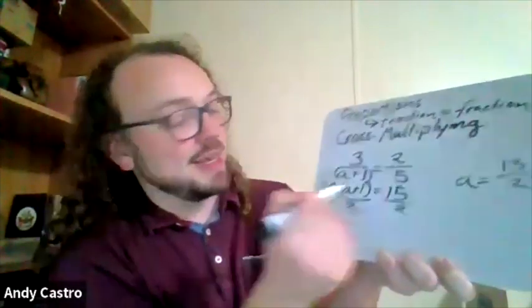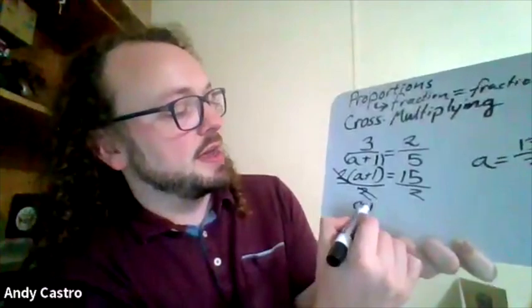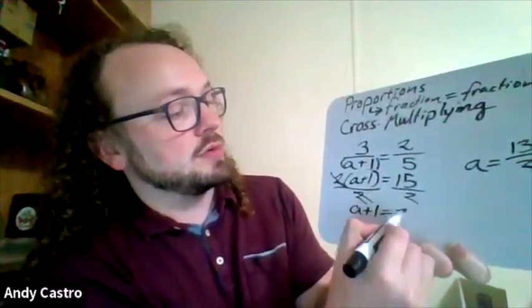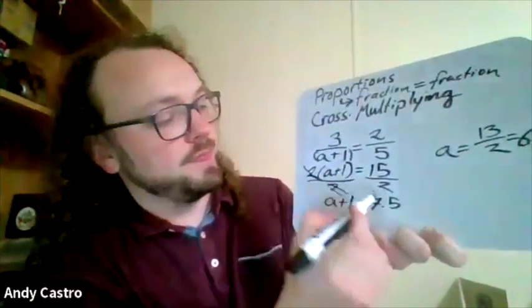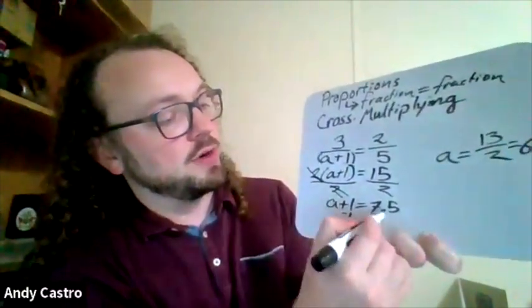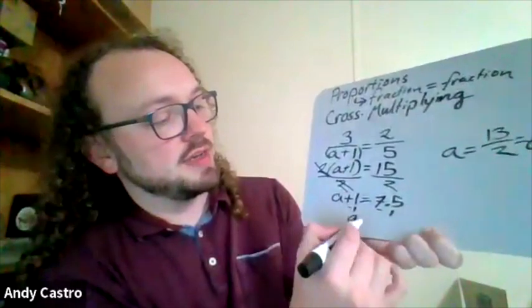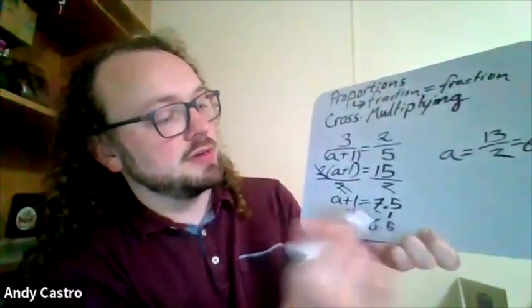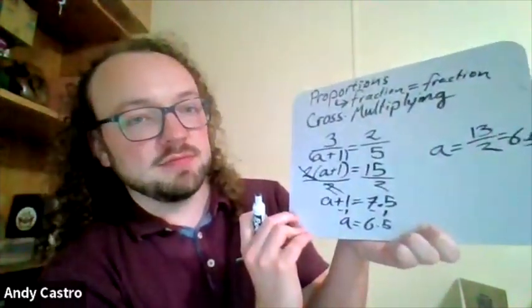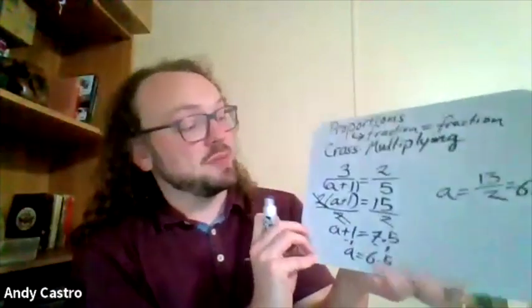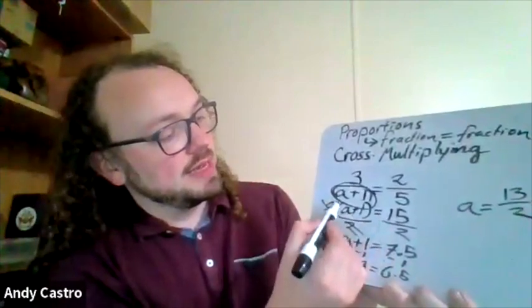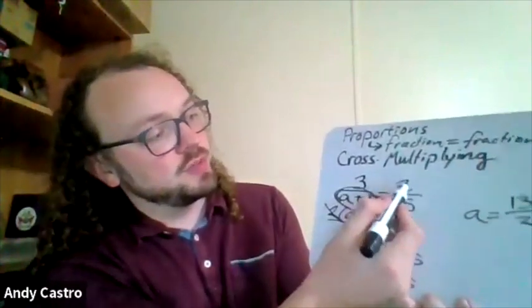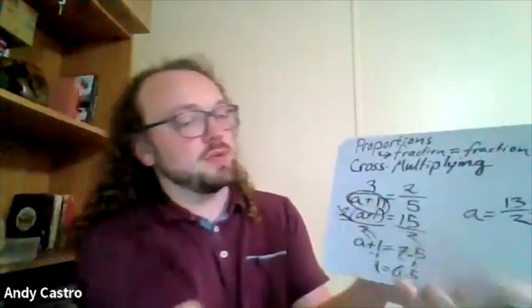And then I have 15 and a half over there. So I've got a plus 1 equals 7.5. And then I would subtract 1 from both sides and get a equals 6.5. So we have to make sure, that's what I was saying at the beginning, this has to be distributed. We have to distribute the 2 to both of those terms.